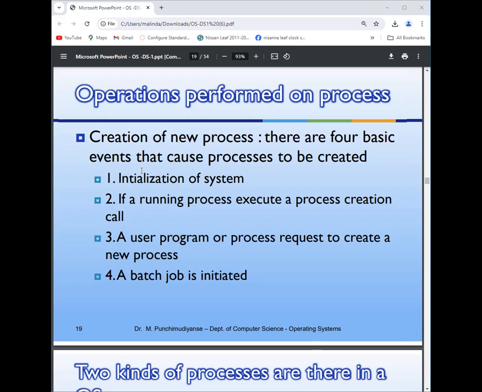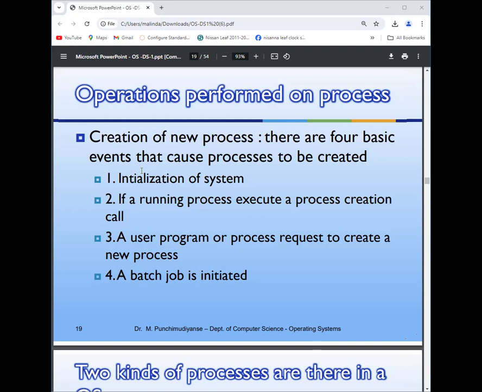That means when you turn on your computer and it boots up, the operating system will create multiple processes, so that different processes are being started and running.